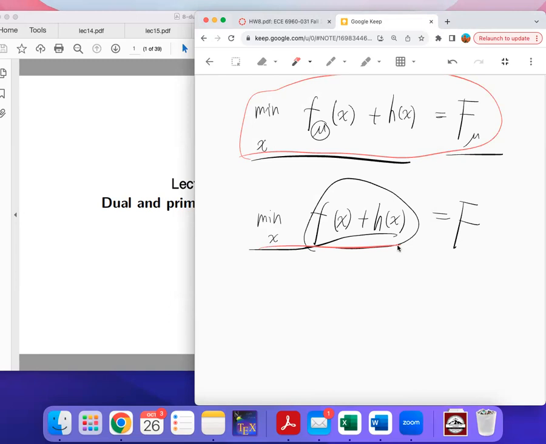In this lecture, we will see that in many cases we can transform these problems to another form, and that will lead us to the development of dual methods. It's similar to the Fourier transform and other transforms where we transform signals from one space to another space, and we can see a different picture.